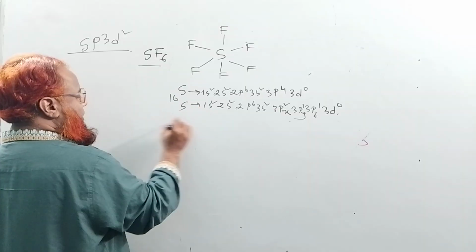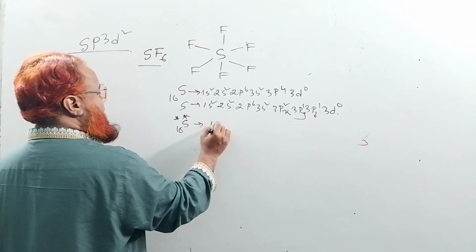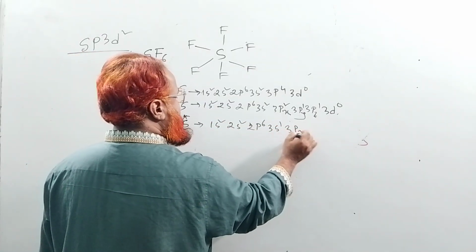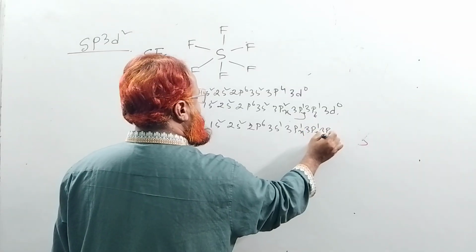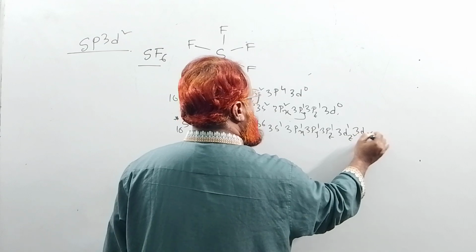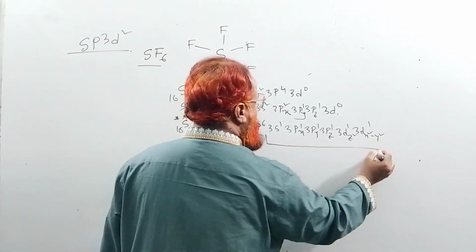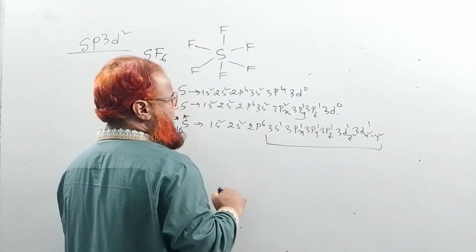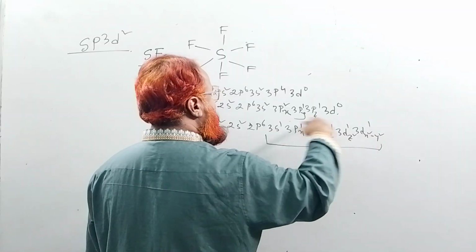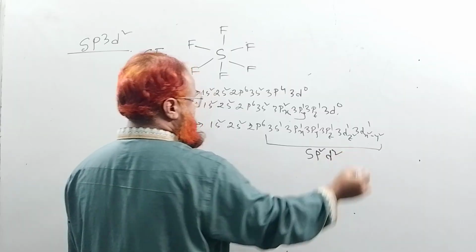Now at double excited condition, then 1s2, 2s2, 2p6, 3s1, 3px1, 3py1, 3pz1, 3dz square 1 and 3dx square minus y square 1. So here total number of hybrid orbitals will be 6. All these orbitals will participate in sp3d2 hybridization process.